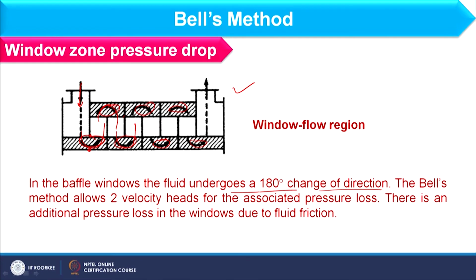Bell's method allows two velocity heads for the associated pressure loss when the fluid is moving in the 180-degree direction. There is an additional pressure loss in the window due to fluid friction. So, in this way we have to consider the pressure drop in the window zone.